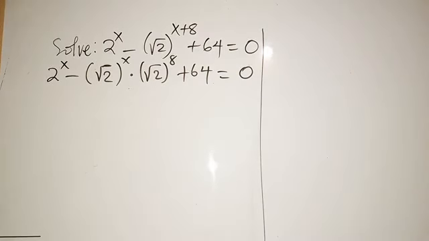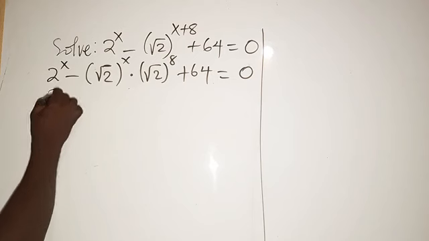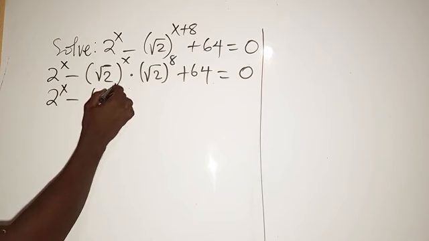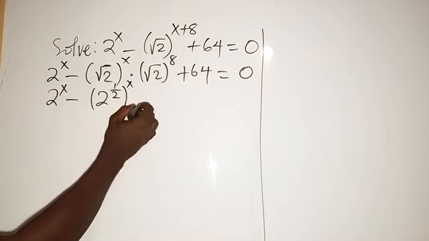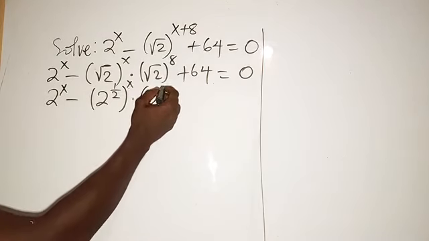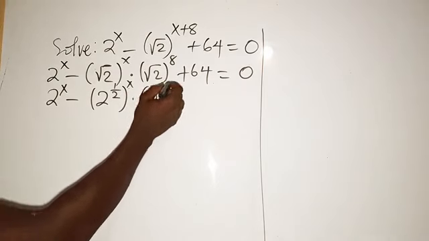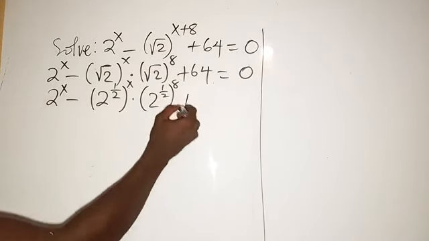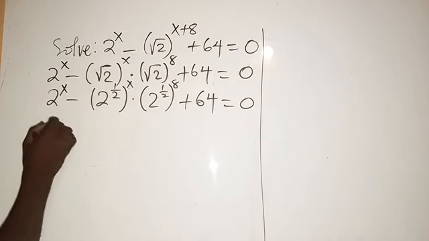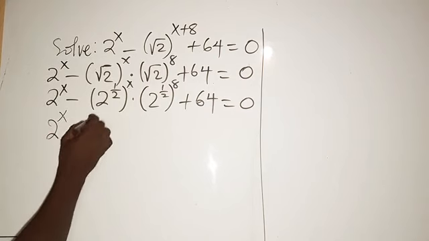So I can rewrite this 2 as 2 raised to power 1 over 2, then to power x, multiplied by this here, which can be 2 to the power 1 over 2, then to power 8, plus 64 equals 0. Are you following?